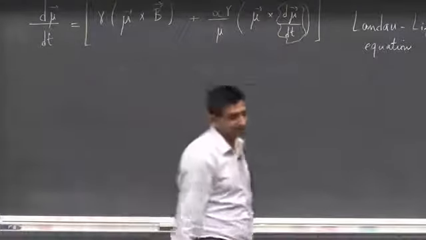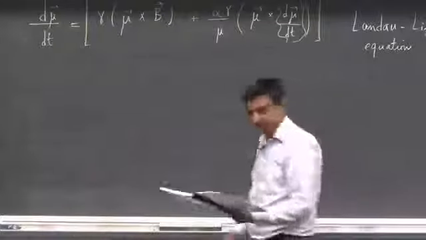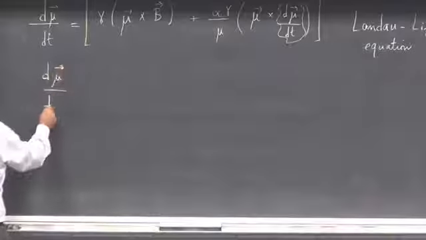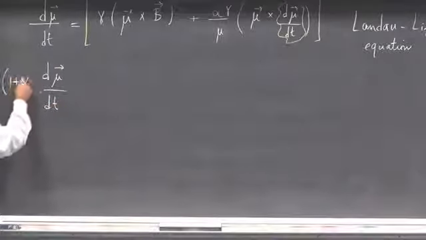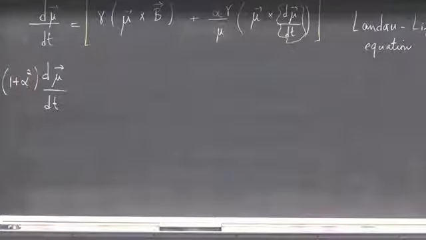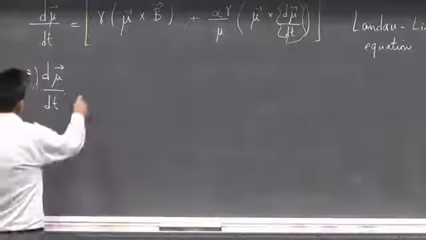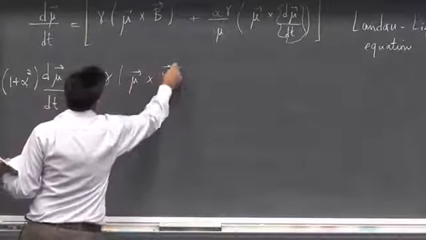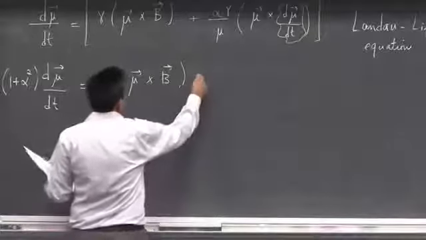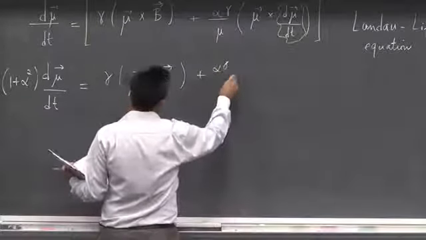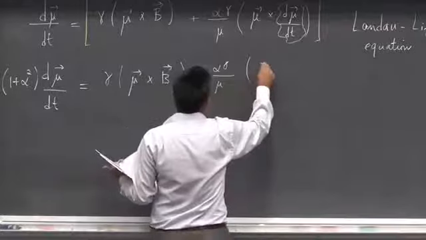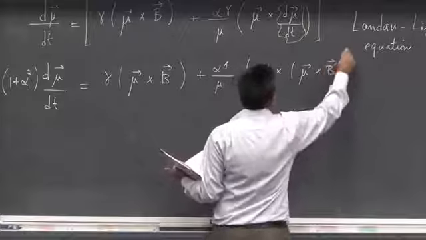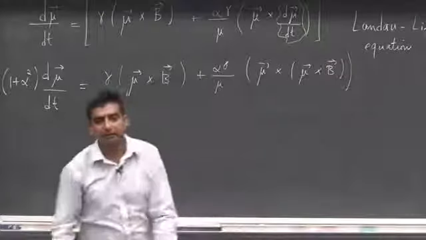It's an algebraic step that you would need to perform, and the final result that you get is the following: d mu by dt times 1 plus alpha squared, which is just a phenomenological constant, is equal to gamma mu crossed with B plus alpha gamma over mu into mu crossed with mu crossed with B. It's a nice analytical form that we take.